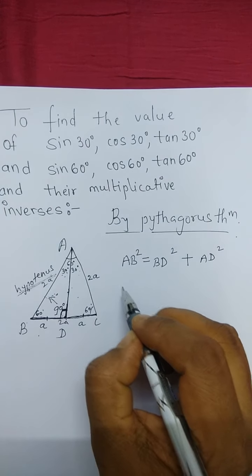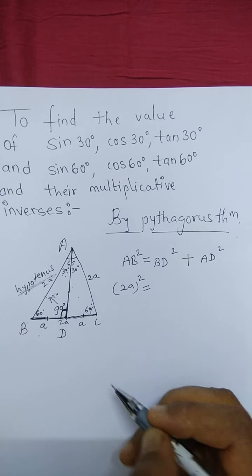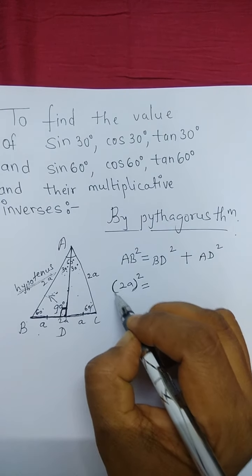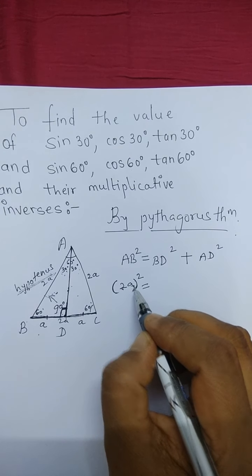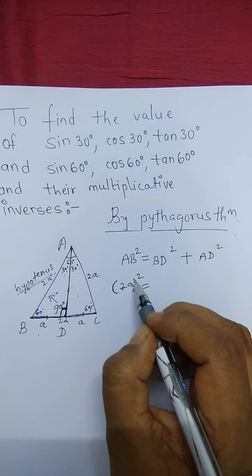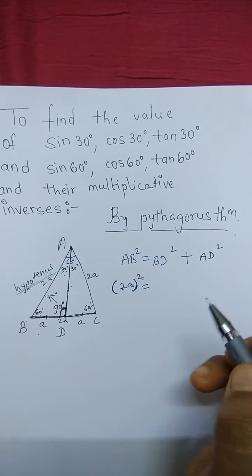So hypotenuse square means (2a) whole square is equals to. Give bracket here because here 2 and a both are there. So you can't write separately. You can't write without bracket. Otherwise it will be the square only for a.